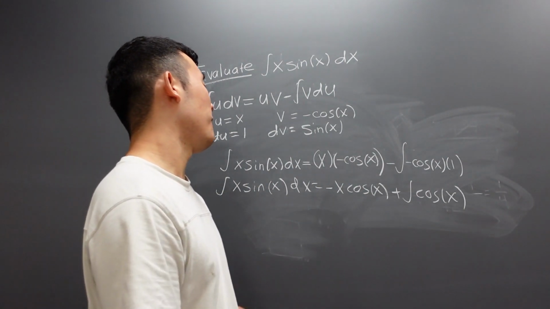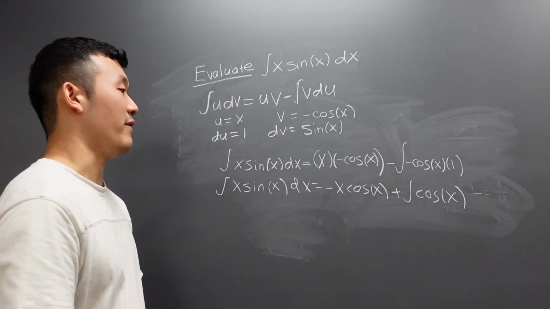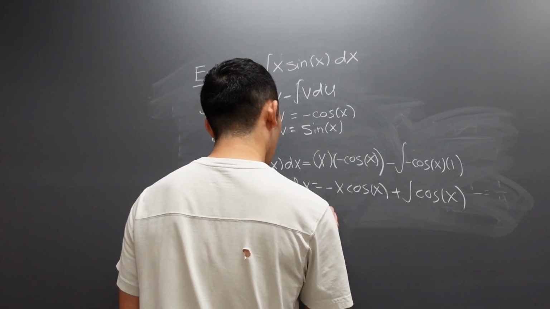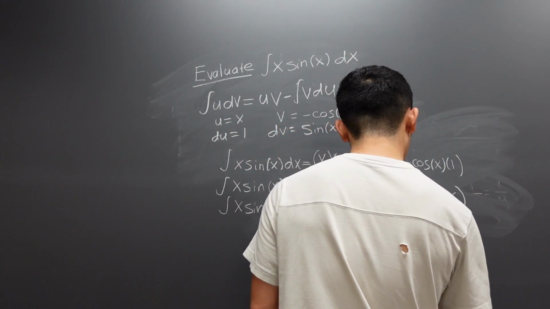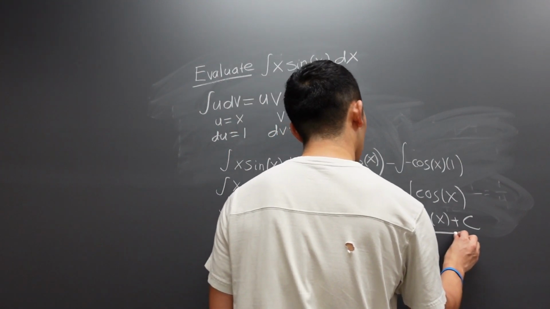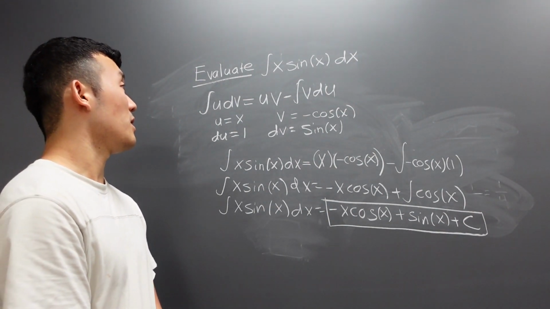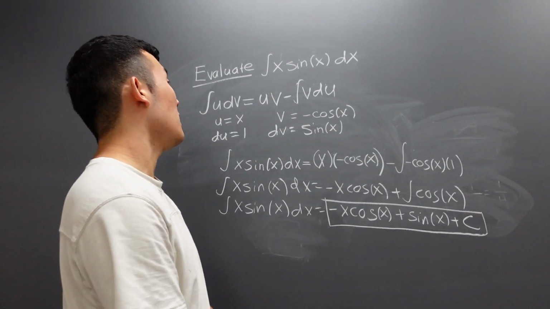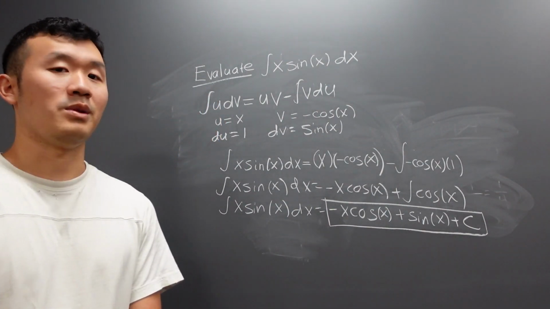And from here, we're trying to figure out what the antiderivative of cosine of x is. Well, in this case, it's just sine of x. So this is an example of integration by parts from my calculus 2 class. And we see that the integral of x times sine of x dx is equal to negative x cosine of x plus sine of x plus c.